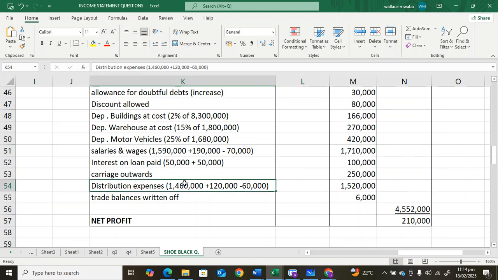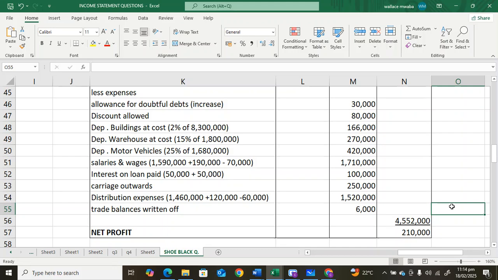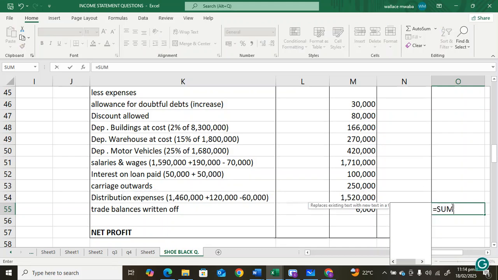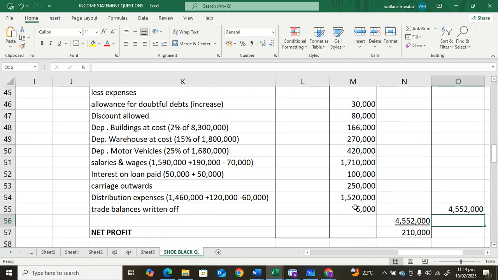Yes. Then let's see. The last one, trade balance written off. This 6,000. This is the money we know we are not going to get. We are not going to get that amount of money. So when you total up your operational expenses, you get a total of 4,552,000.